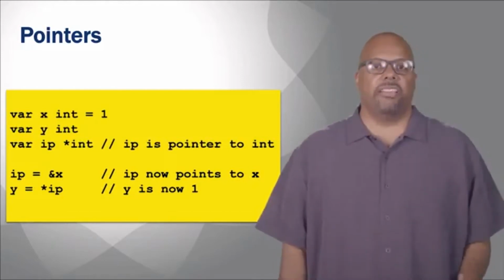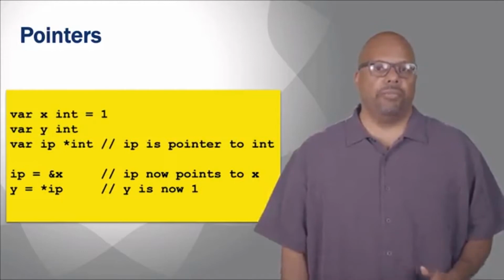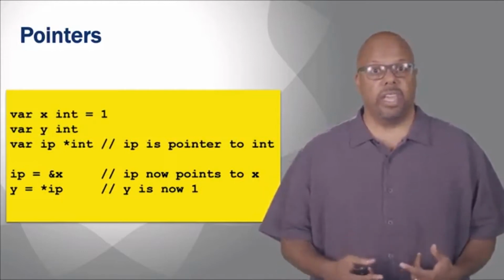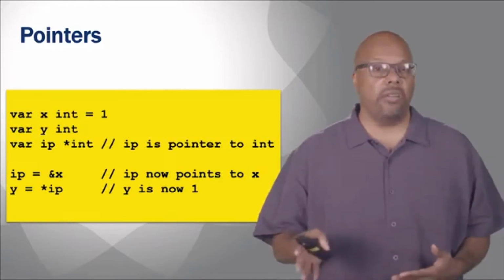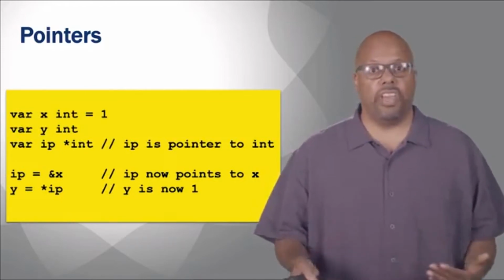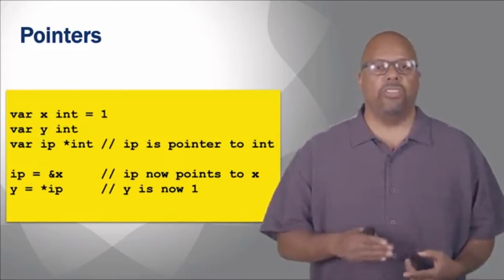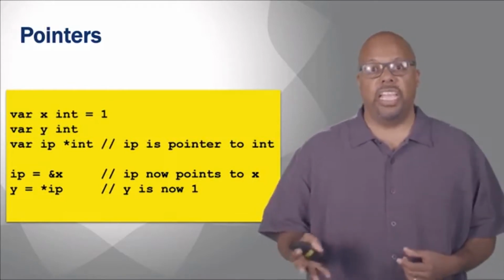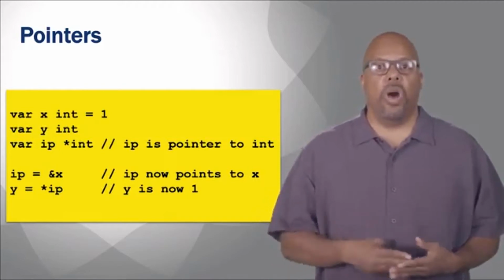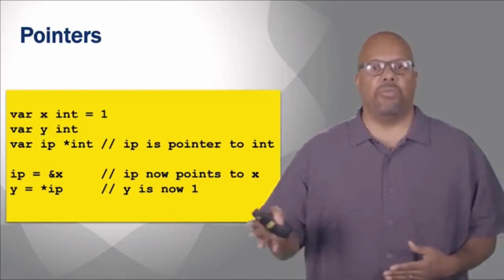Now in the next line I say y equals star ip. Remember that in this little example, ip is a pointer, and the data at that address that ip is pointing to is the value 1. Star does dereferencing. Star returns the value, the data at that address. So y is now equal to the data at the address that ip is pointing to.